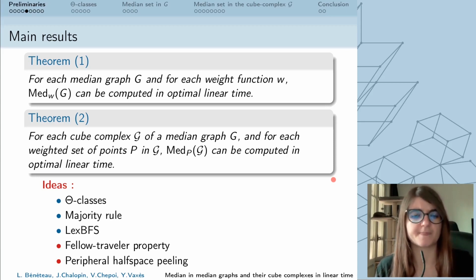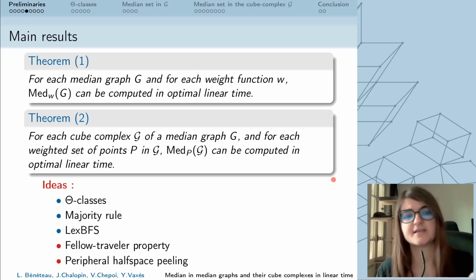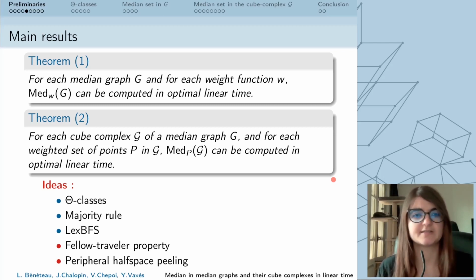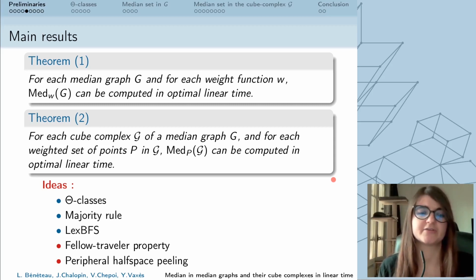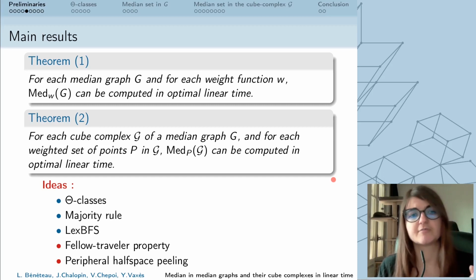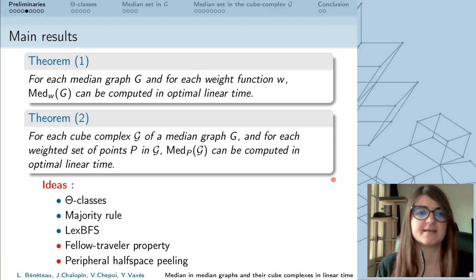This presentation uses some main ideas, like some classical ideas: the theta classes, which are a way to partition the edges of a median graph; the majority rule, which is a way to quickly locate the median set in a median graph; and the Lex BFS, which is a refinement of the BFS found by Rose, Tarjan, and Lueker in 1976. And some are our own ideas, like the Helly property, which is a structural property of the theta classes in the Lex BFS ordering, sorry, and the peripheral half-space peeling, which is an algorithmic operation.